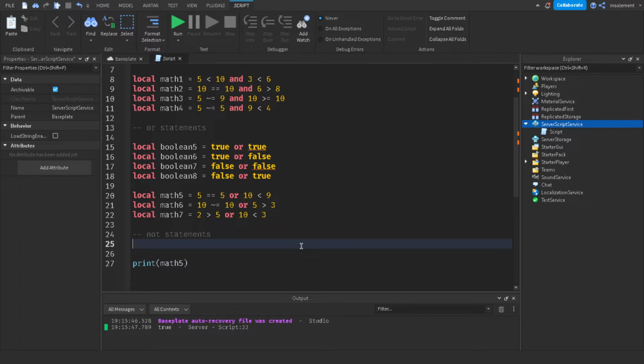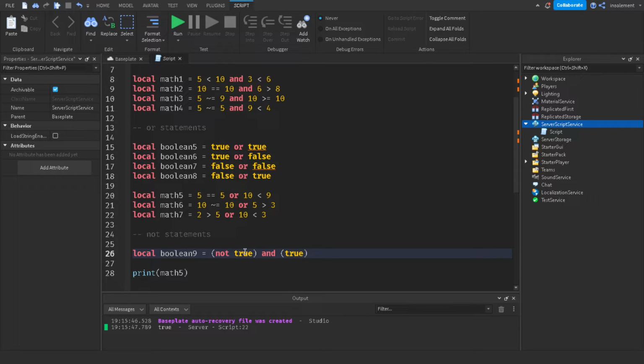What NOT statements do is they flip our expression, right? So if I had local boolean 9 equal, let's do this, not true and true. So remember how I said AND needs both expressions to be true?